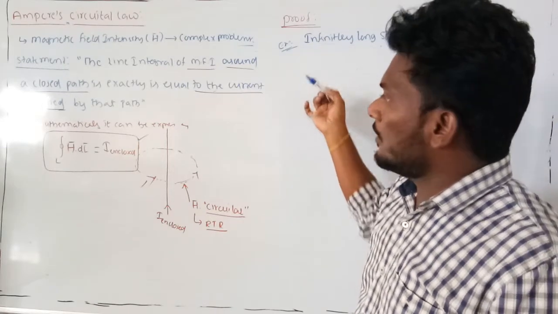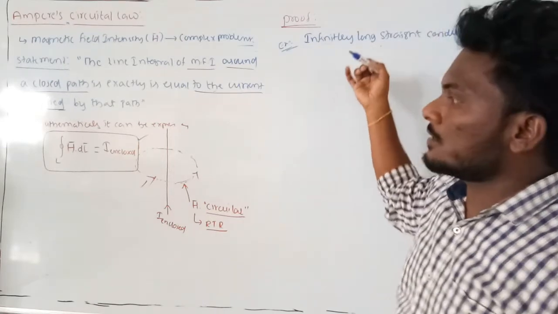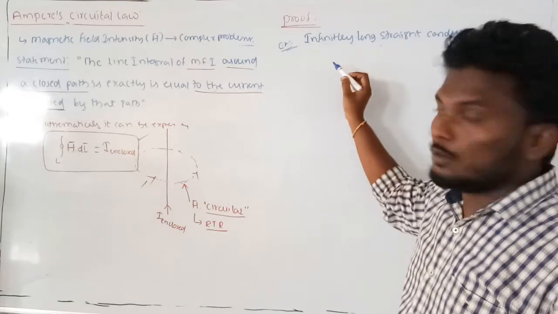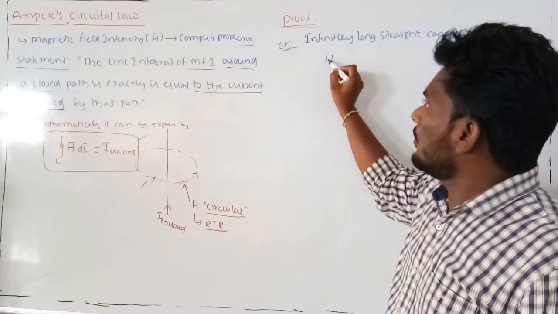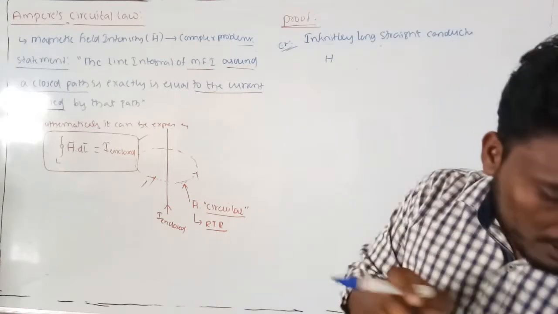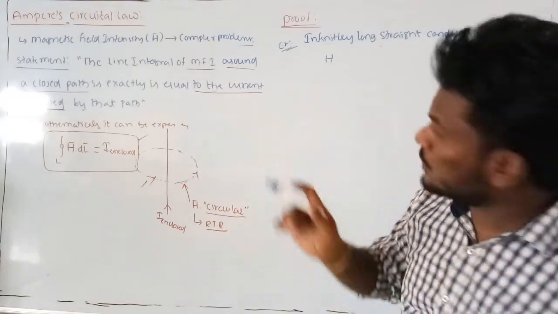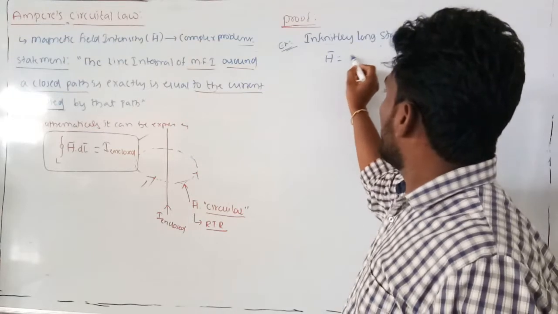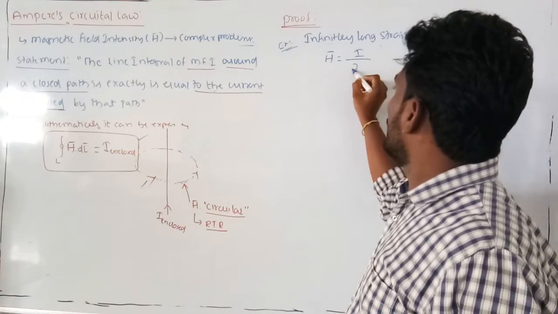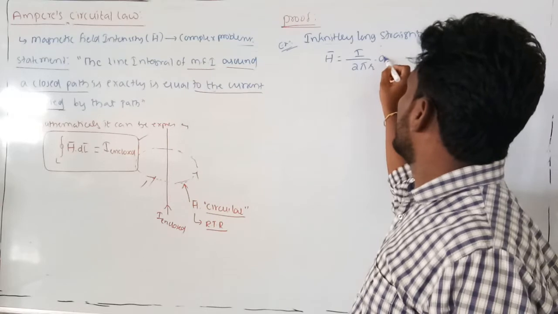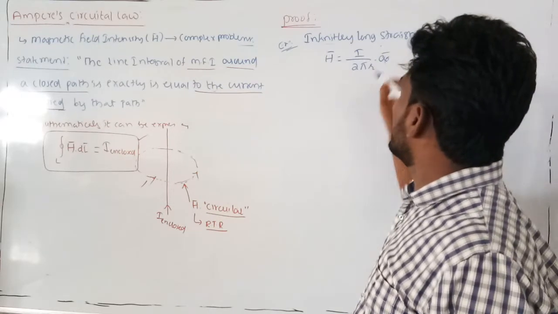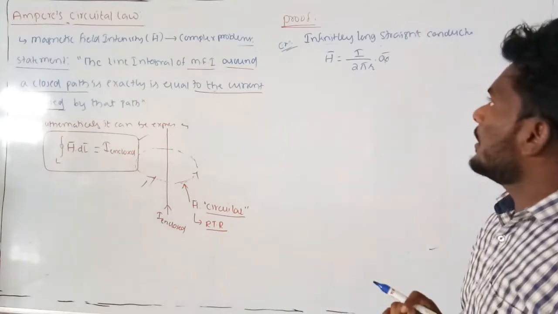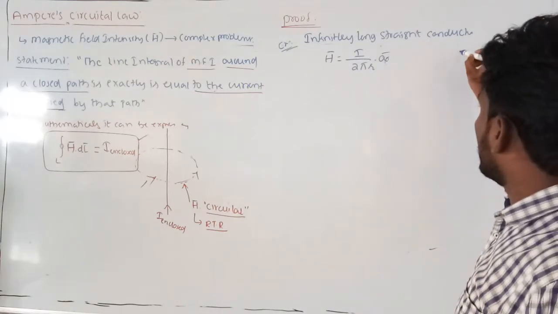What is the magnetic field intensity due to a long straight conductor? It is H bar equal to I by 2 pi r into A phi bar. This is the field intensity due to an infinitely long straight conductor.